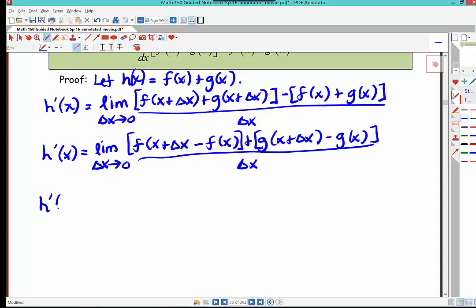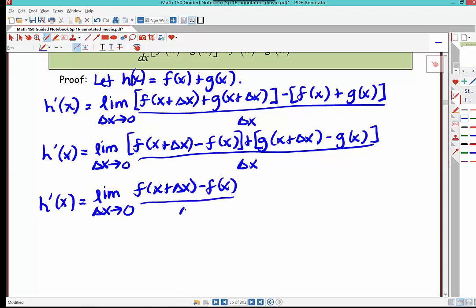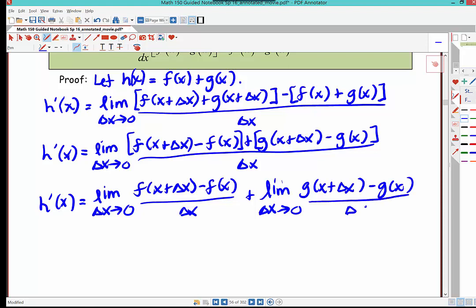So we get h prime of x equals the limit as delta x approaches 0 of f at x plus delta x minus f at x over delta x, plus the limit as delta x approaches 0 of g at x plus delta x minus g at x all over delta x.